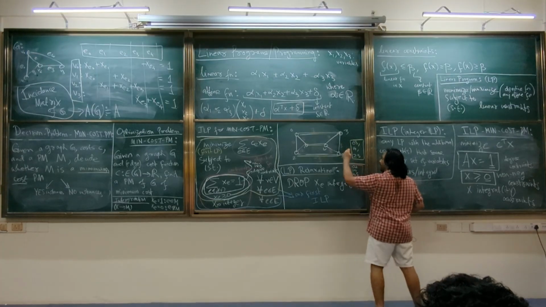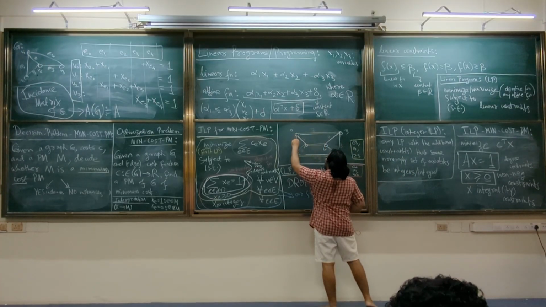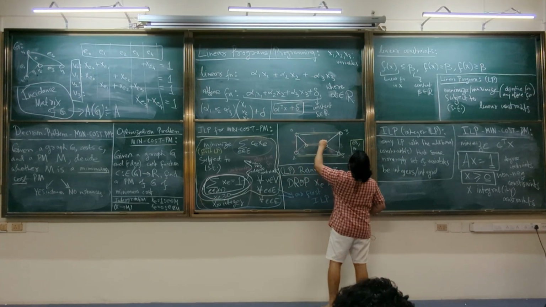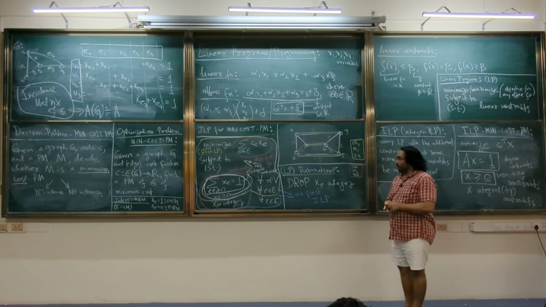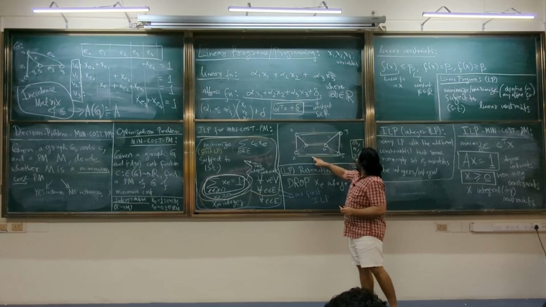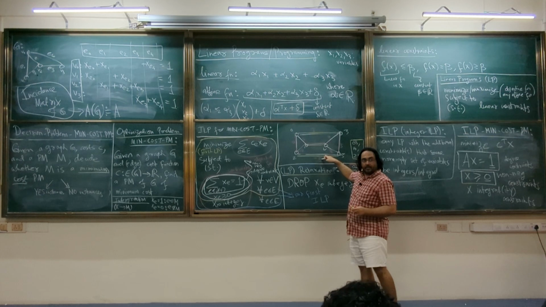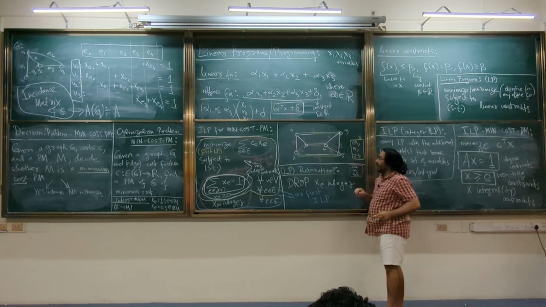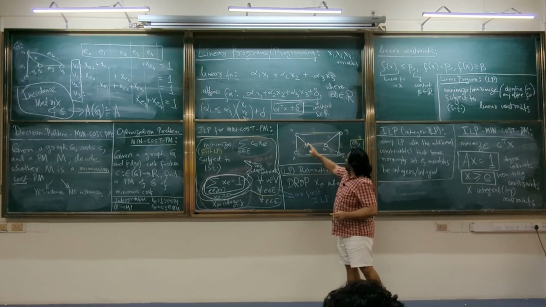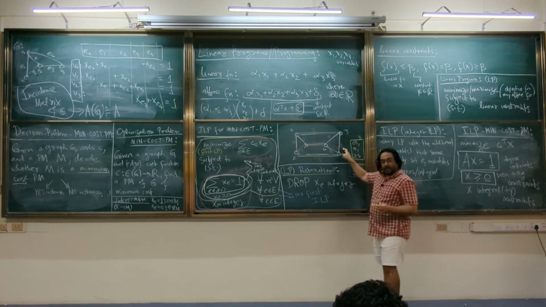Oh, pink is already used. 0, 2, 1, 4 and 3, 5. Let's look at the cost of the two. The cost of the original yellow one was 7 plus 1, 8 minus 3, 5. This one is cost 5. And the cost of the pink one, 0 plus 1 plus 3 equals 4.